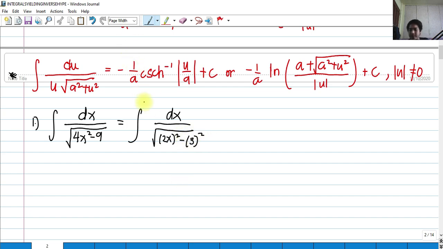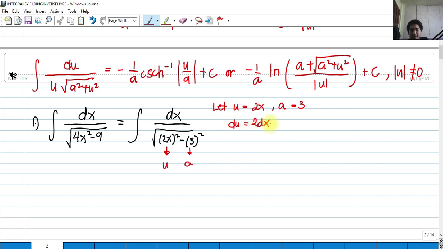So if we consider this as our u and this as our a, we're going to let u equal 2x, and our a, by the way, is 3, not 9. So we get the derivative of u with respect to x, that is 2 dx.